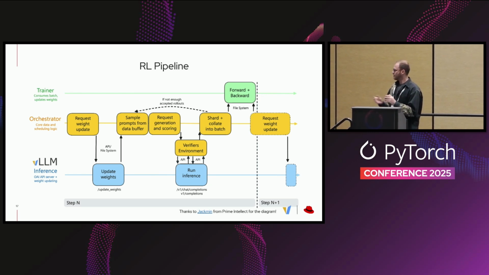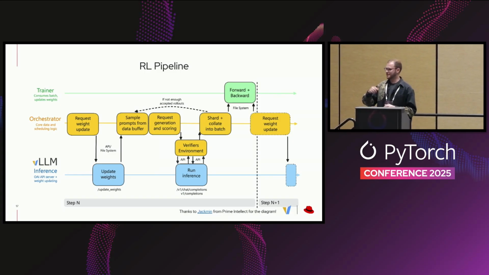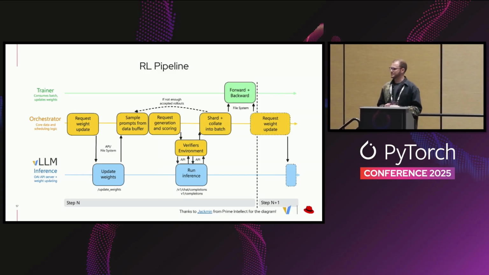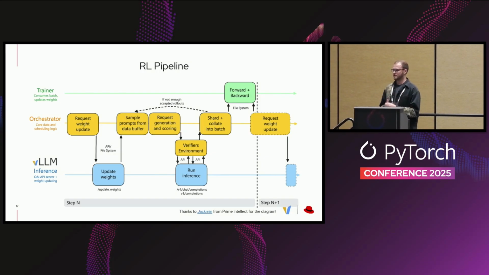The agent stuff is happening here, where the server is running inference, and maybe there's some environment it's running on. Then we judge how well it did in that environment. And we retry again if it did terribly. Maybe grab another batch if that's too noisy. And then we go to the trainer. We do a forward-backward pass, figure out how we need to update the weights based on how the model did. And then we request a weight update again and continue on and on and on.